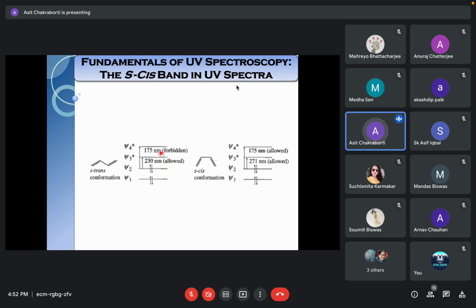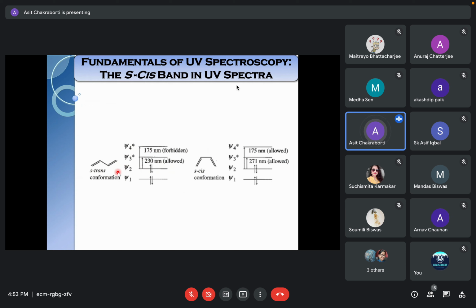The symmetry property of this pi 2 and pi 4 is mismatching, and symmetry does not permit energy exchange to take place. That's why it's called a forbidden transition. That's the reason that when the molecule is in S-trans form, you do not see this transition, because its intensity is so low, the transition probability is very low. Maybe it does not take place.